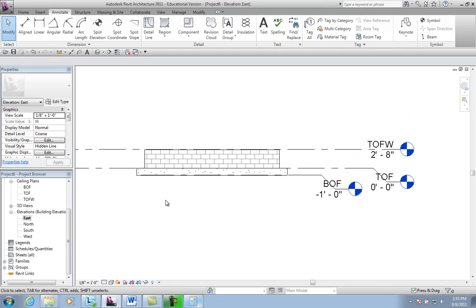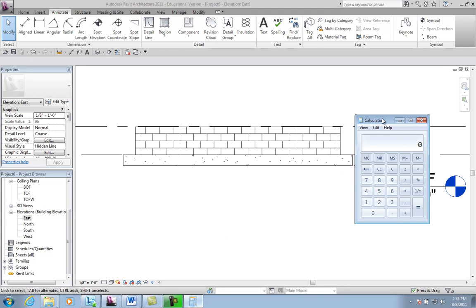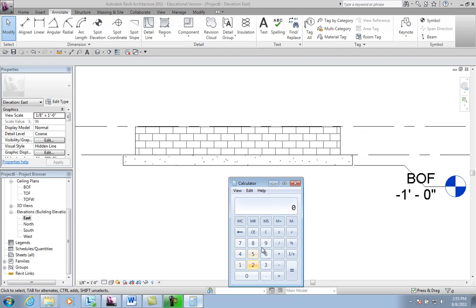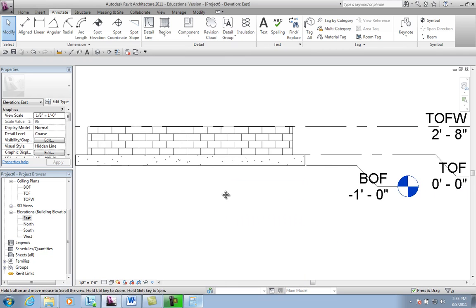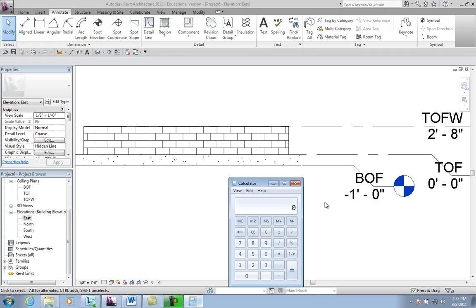So we already know that this is 20 foot to here, and now we know it's 2 foot 8 inches to there. So let's calculate it. Get your calculator out. Definitely make this all in feet. 2 foot is already there, but we need to make 8 inches into feet, so it'd be a decimal.